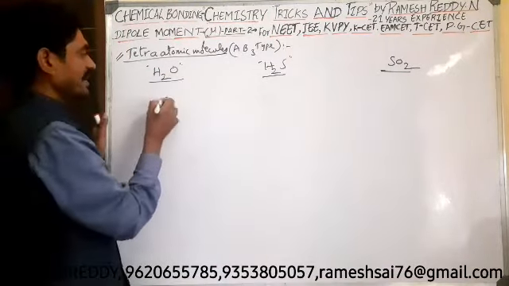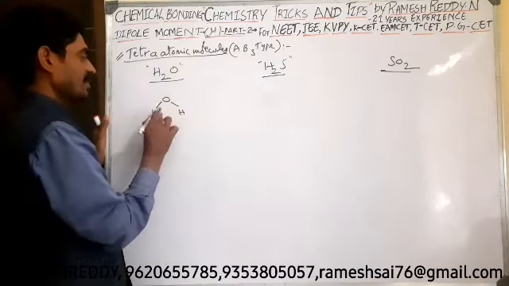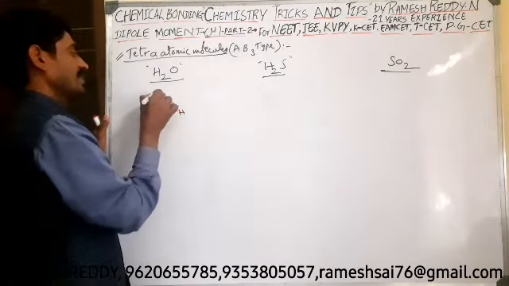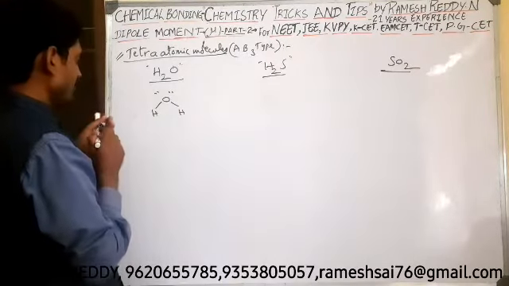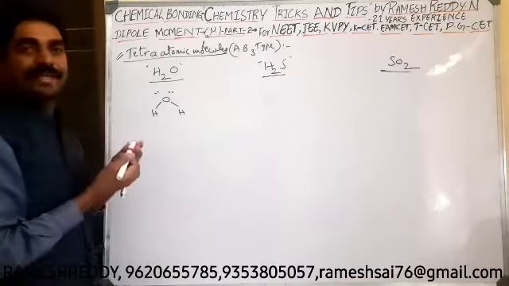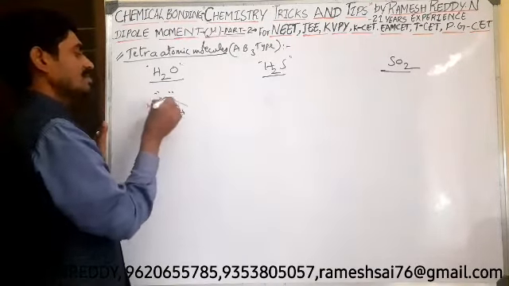Here oxygen is the central atom, my dear students. It is bonded to two hydrogens, and on oxygen two lone pairs of electrons are present. Here, oxygen is more electronegative, so the bond dipoles move towards the oxygen atom from hydrogen.